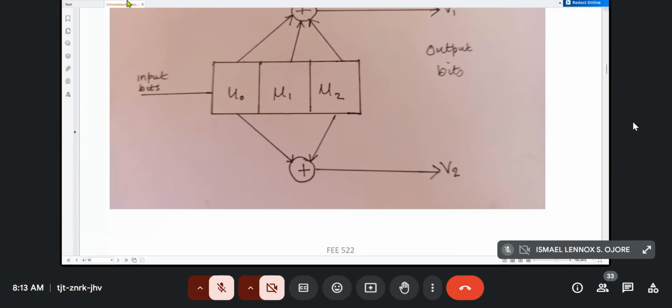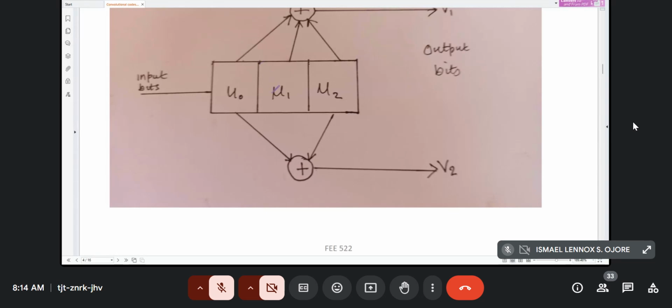In this case, you can see this is G1, generator polynomial 1. Sometimes what we do is we will say this is 1, and this is x, and this is x squared. Just a polynomial.